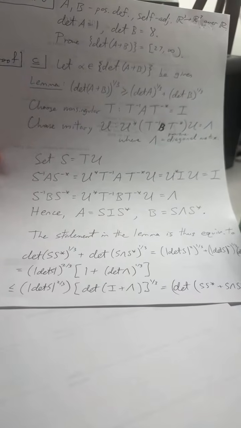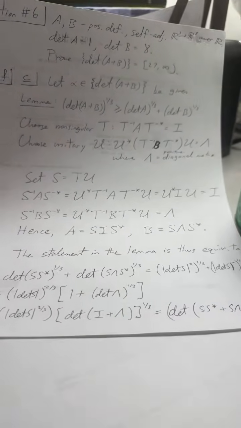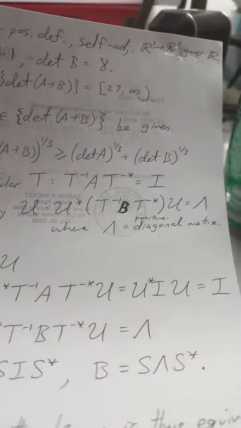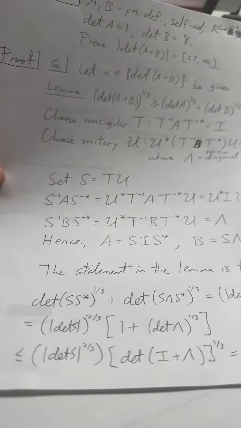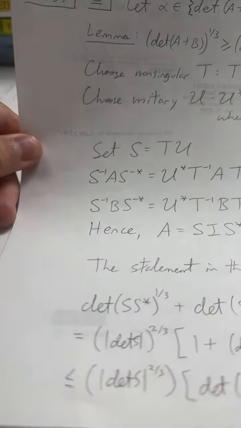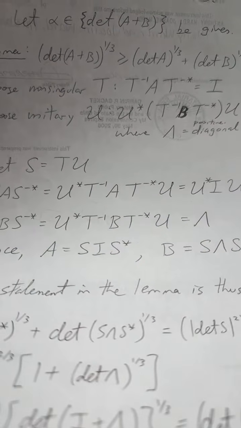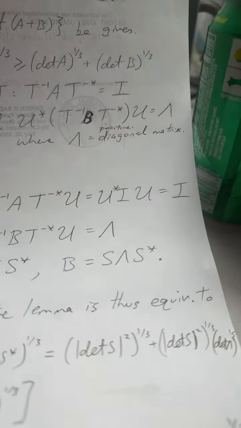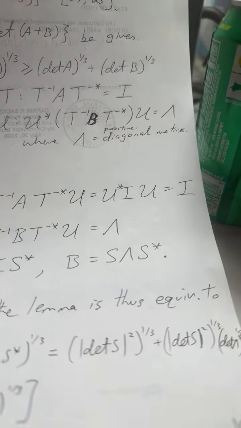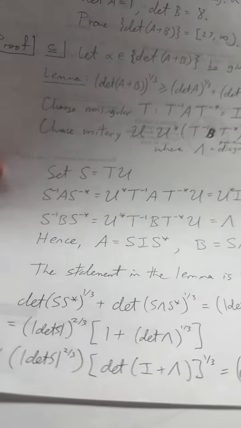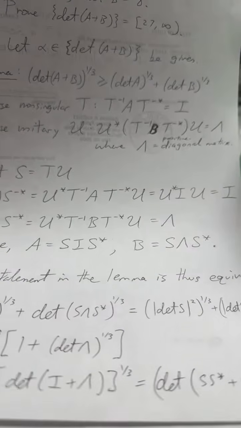Hard to say. So after we've chosen T and U, I need to remember how to choose T and U. But after I choose them, I need to set S to be TU and then just substitute them here, which gives me this expression, which gives me I and lambda in the very end, so that when I solve for A and B, I get the following expressions.